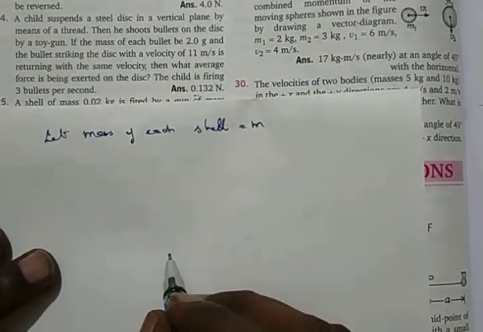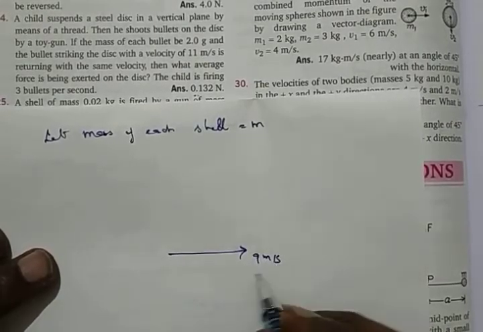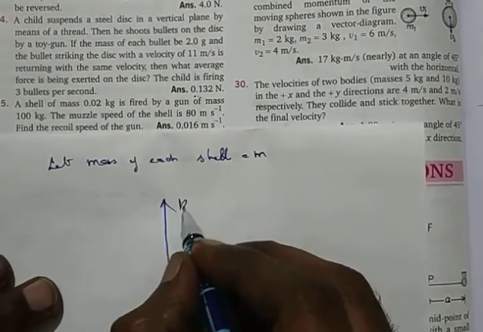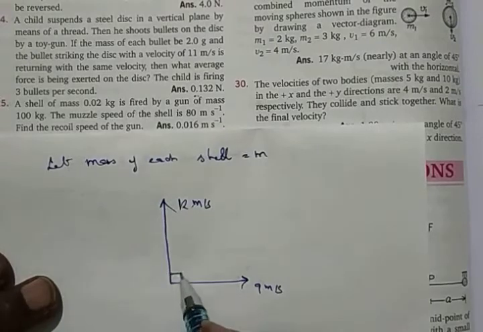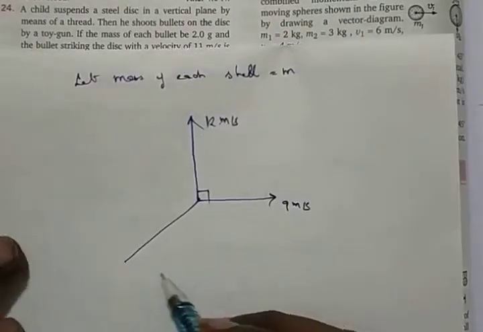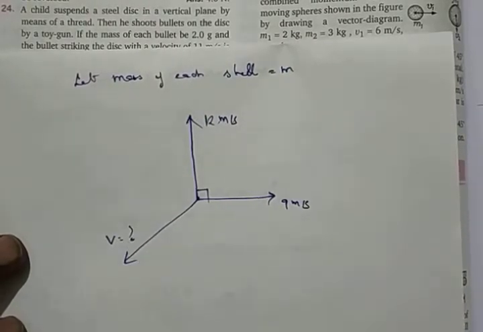One shell is going with 9 meter per second, another shell is going with 12 meter per second. 2 shells are going at right angles to each other. The third shell should go here like this. The velocity is question mark.